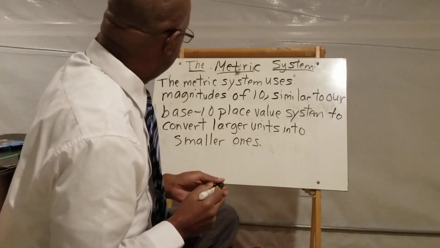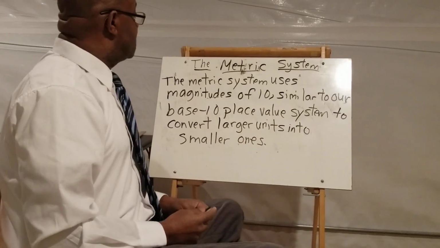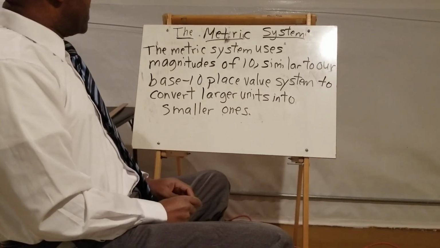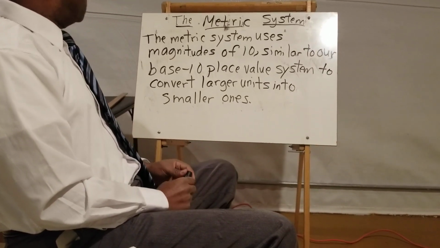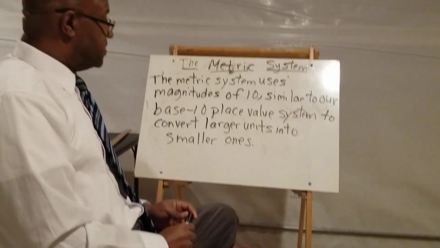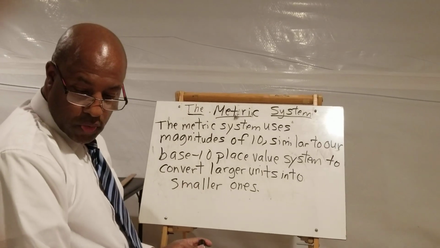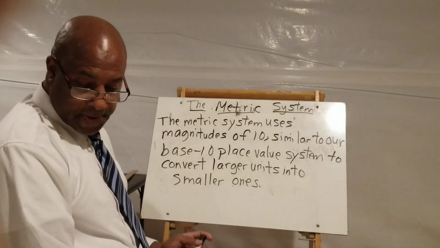Okay, so what exactly is the metric system? The metric system uses magnitudes of 10, similar to our base 10 place value system, to convert larger units into smaller ones.